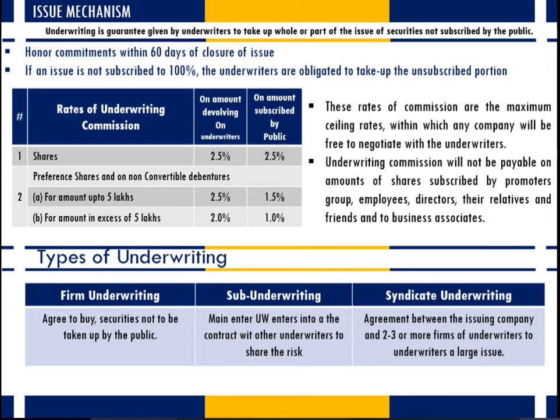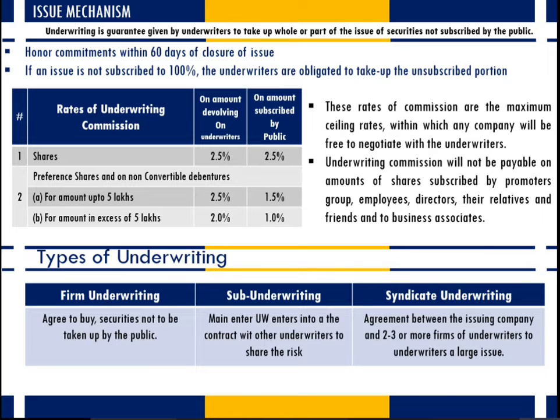Then you have sub underwriting, in which the main underwriter enters into an agreement with another underwriter saying that you buy so many percentage of shares from me in case of any undersubscription. Then you have syndicate underwriting, in which multiple underwriters jointly enter into an underwriting agreement, right?